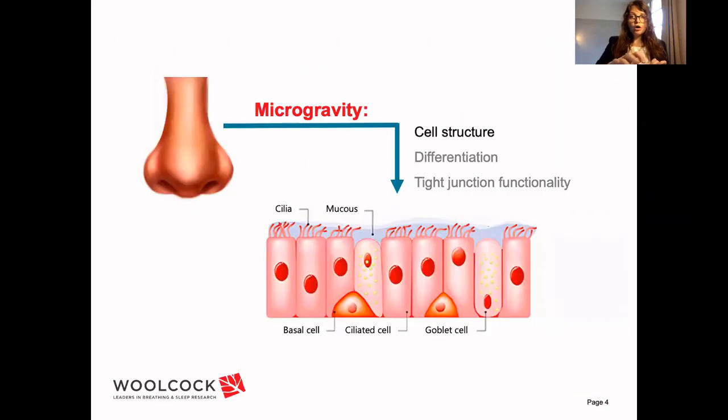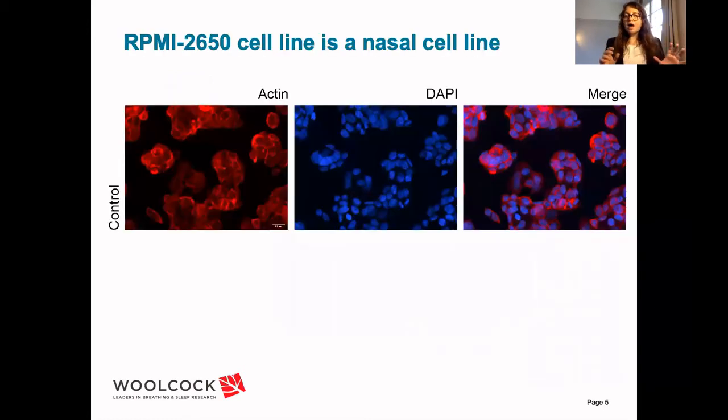So moving on, we subjected our cells to microgravity in order to determine their cell structure. We used the RPMI 2650 cell line. This is a nasal cell line. The first thing that we did was stain these cells for actin. Actin is a cytoskeletal marker, quite an important one.